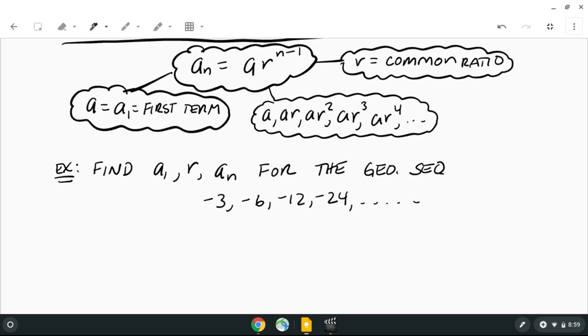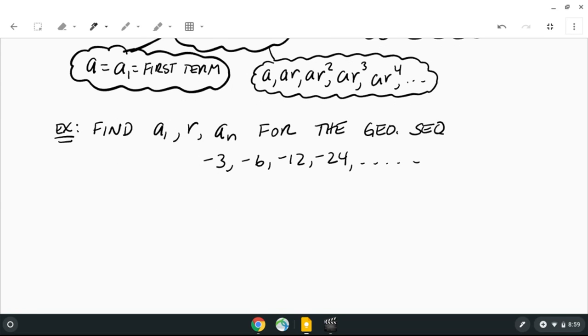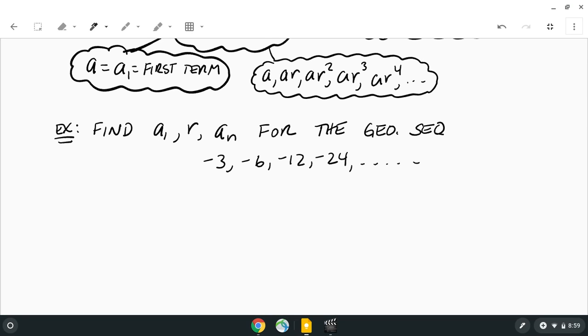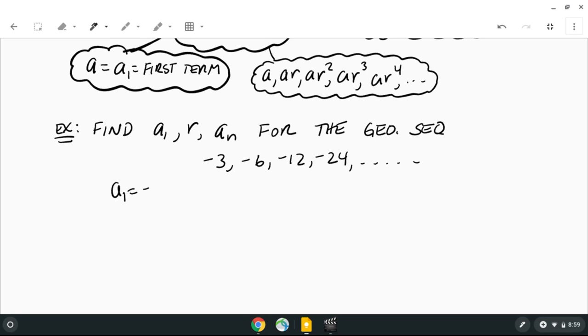Okay, so clearly this is geometric, because -6 divided by -3 is, I mean, +2. -12 divided by -6 is 2. -24 divided by -12 is also 2. Okay, so we already know our r. All right, so find A1, r, and a_n. So A1 is -3, r, we already checked that, and we said it's 2.